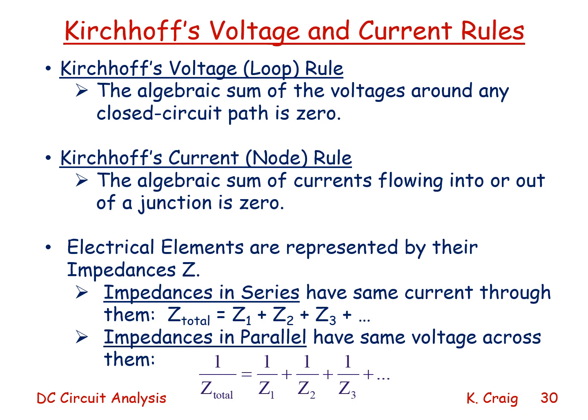Kirchhoff's current rule, or node rule, says the algebraic sum of currents flowing into or out of a junction is zero. Electrical elements are represented by their impedances, Z. Impedances in series have the same current flowing through them, and the equivalent impedance is simply equal to the sum of the individual impedances in series.